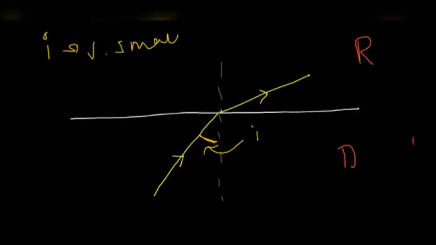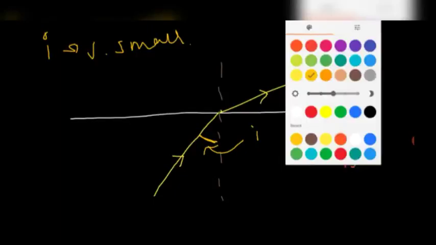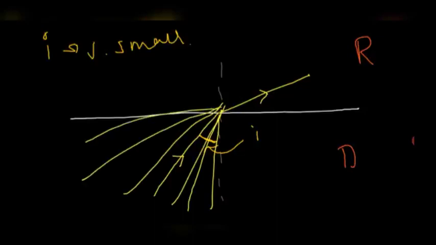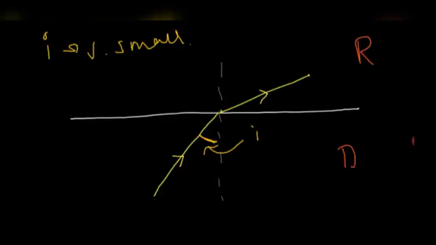So what I will do now is rotate the I. Meaning, this could be the ray, this could be the ray, this could be the ray. Understand? So I will tell you different rays of I for different angles of I. So when I is very small, normal refraction, as we know, happens.